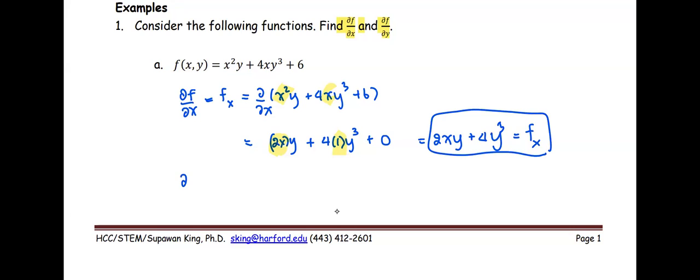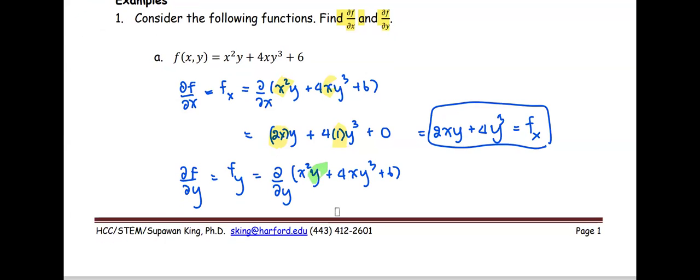And then the partial derivative with respect to y, or f subscript y, is the partial derivative of the function where we treat y as the variable and x is a constant. I'm going to highlight in a different color to make it different. Focus on the y term.